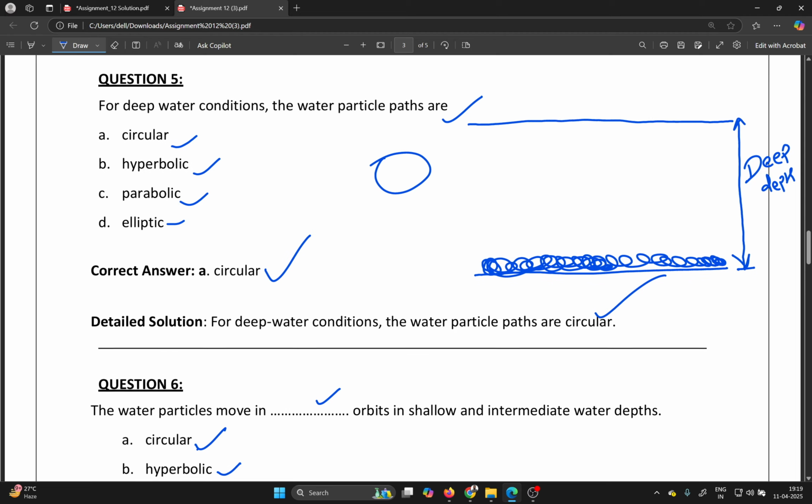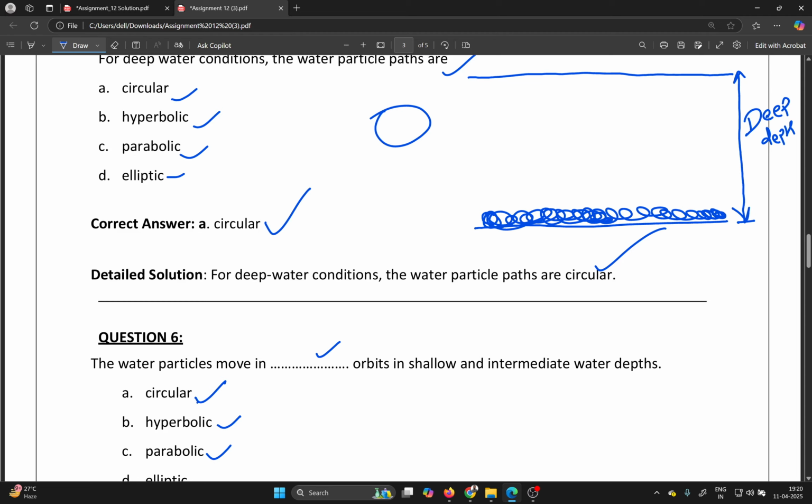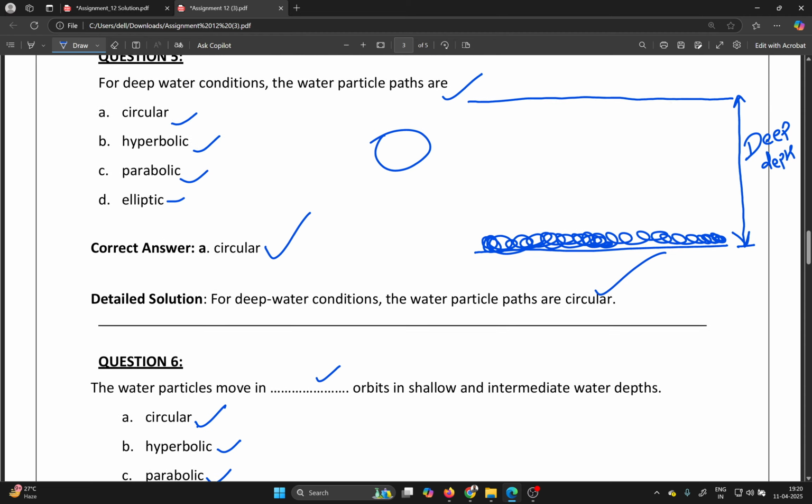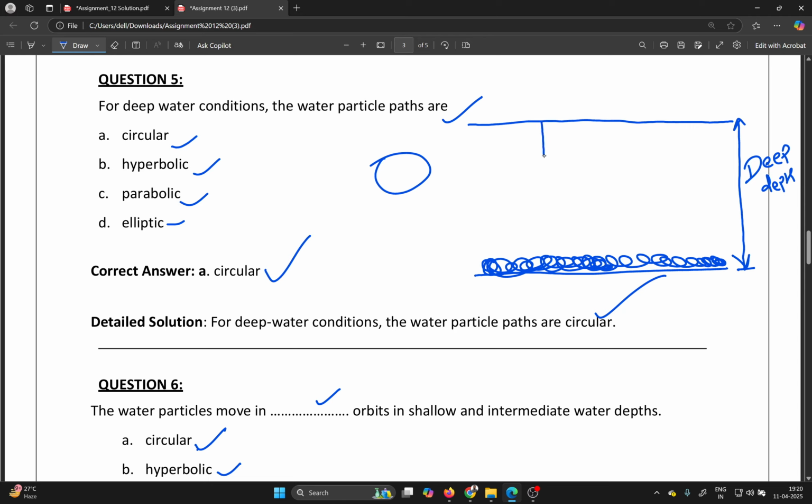But in shallow and intermediate water depth, shallow means up to, let us suppose, here, and intermediate maybe up to here, or maybe up to here. Here the particle path is elliptical, the water particle like that. But here it is circular.